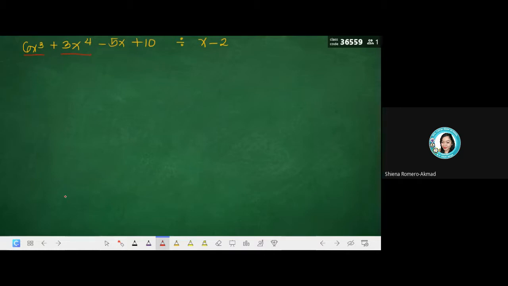So, let us rewrite it. Pag nire-write natin yan, ang magiging given natin ay 3x raised to 4 plus 6x cubed. Tapos may nawawalang term, di ba? And that is x squared. So, iwan tayo ng space. Minus 5x plus 10.